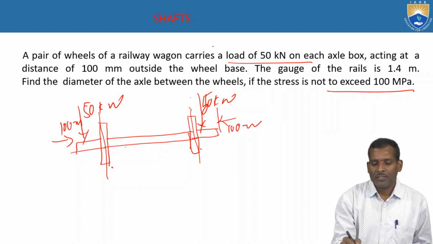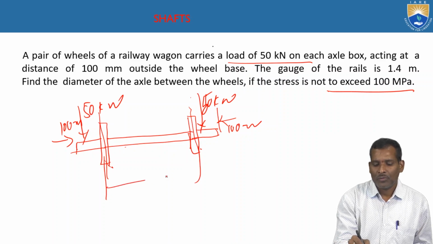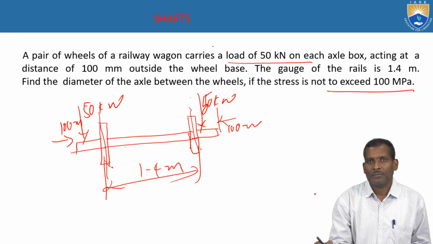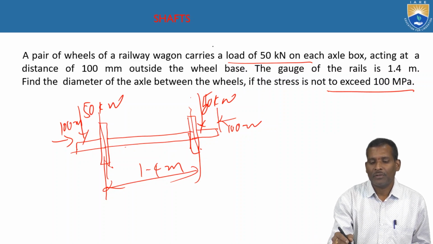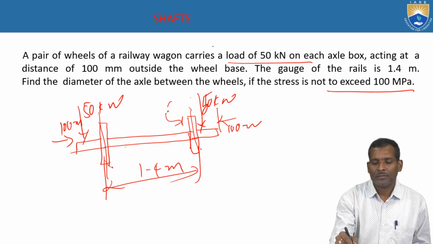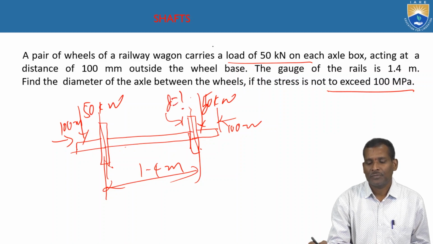The gauge of the rails is 1.4 meters. Find the diameter of the axle. So D is equal to how much? The stress is not to exceed 100 megapascal. So that is the given problem.